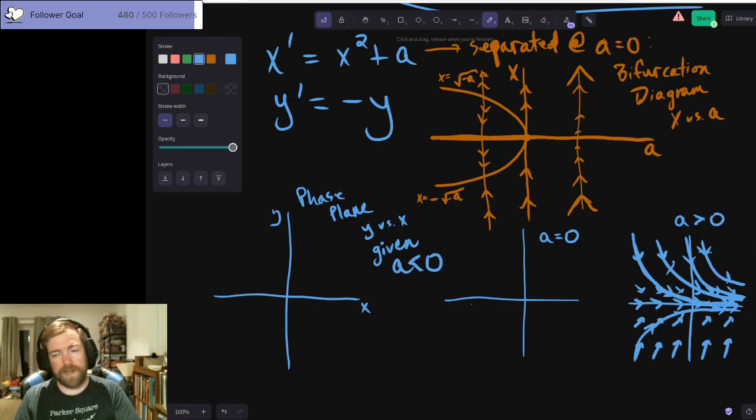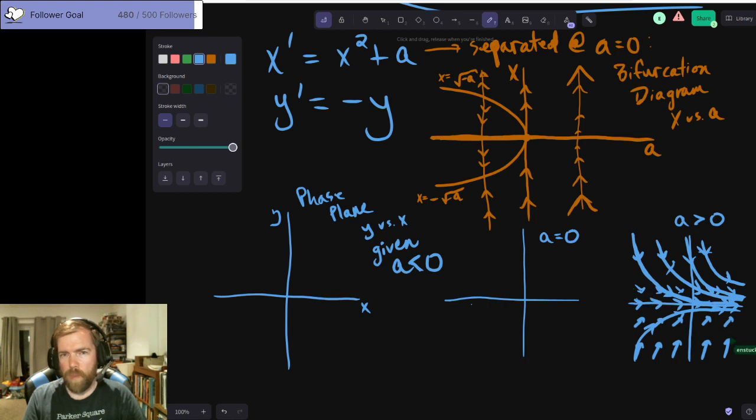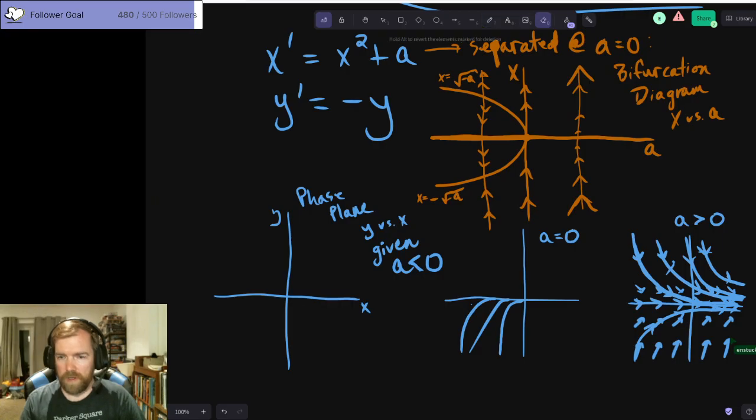Okay, now if we move to a equals 0... on the horizontal line, we still have everything pointing to the right, but those pointings get smaller close to the origin, where there's no movement. Right. So this is where we start getting everything dipping down towards 0.